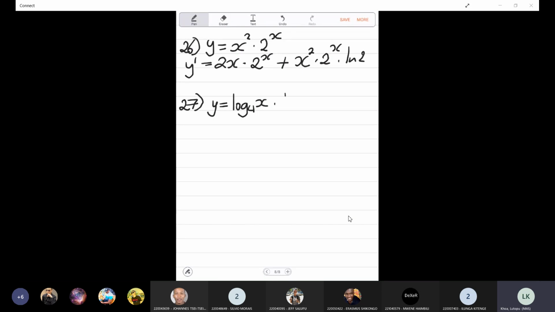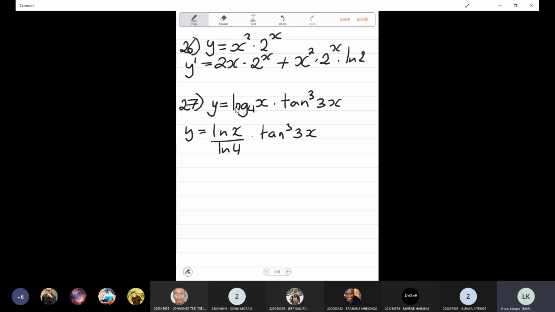So times tan cubed of 3x. So again, here we have to use the product rule. So this one here, you can always rewrite it as ln. I prefer to rewrite it. You can use the standard derivative, how you do it, but in the end, our answers will be exactly the same. So here, this is ln of x over ln of 4 multiplied by tan cubed of 3x.